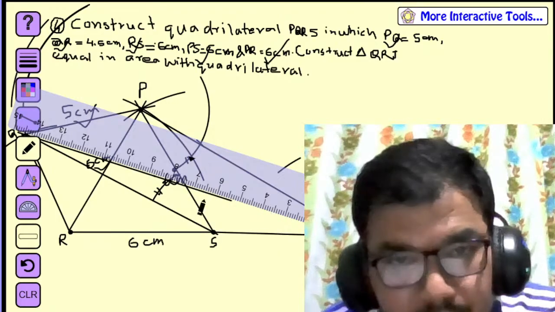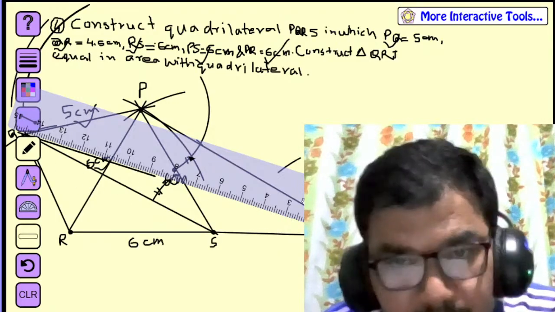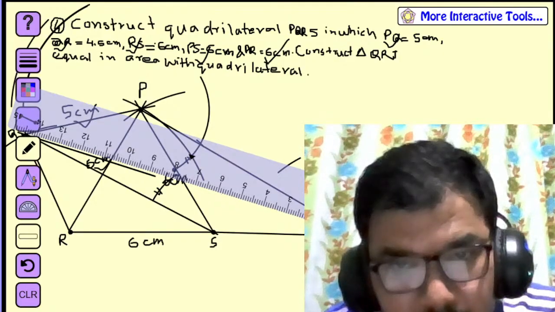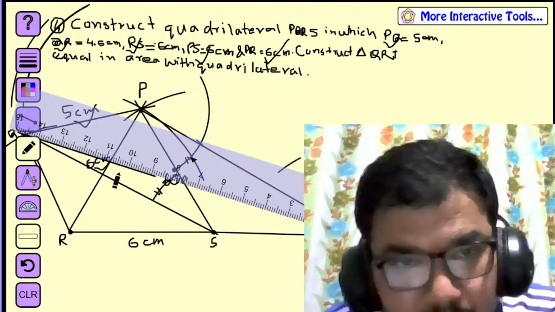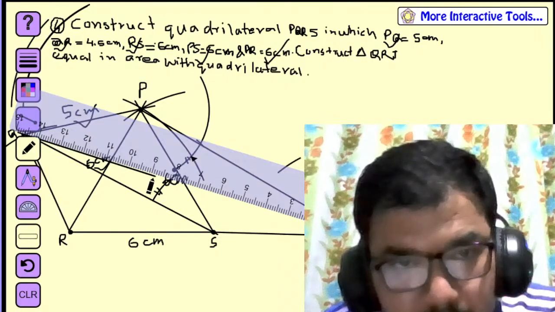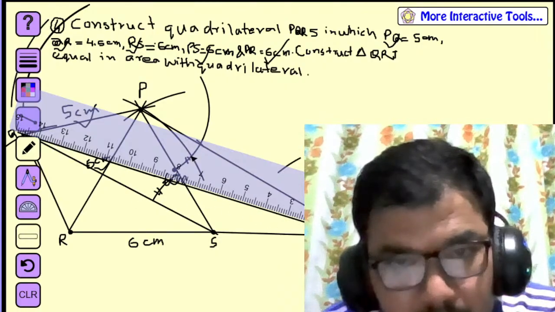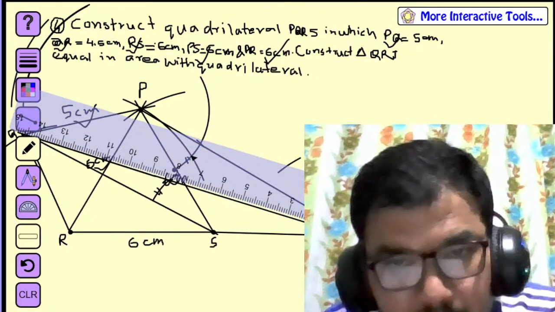Put the ruler a little bit up so that it will be easy to join. Look here. This one a little bit up. Okay, like this. Join like this, right? Okay, join this line like this.